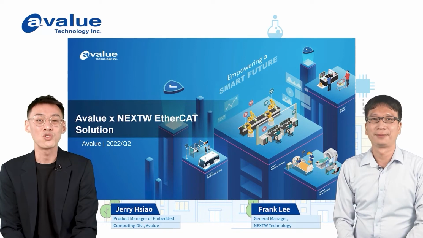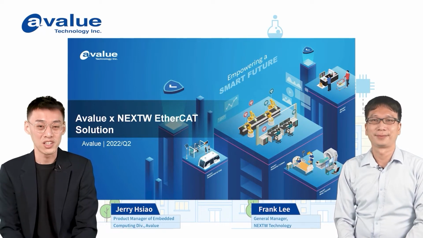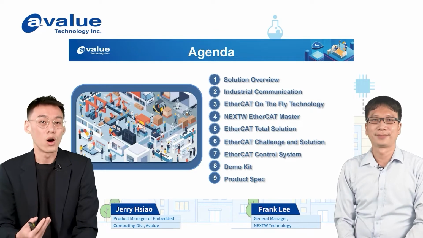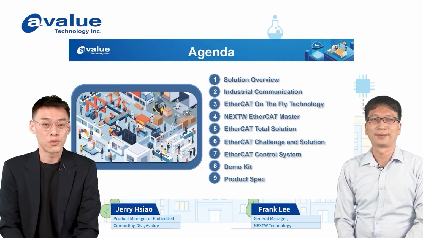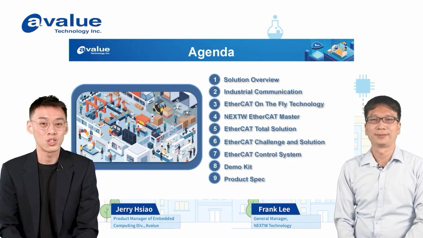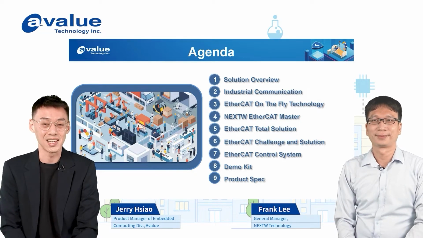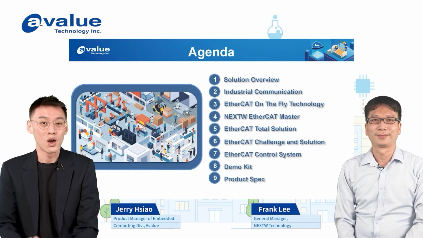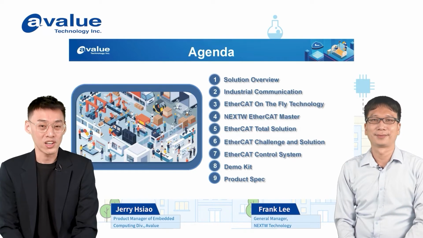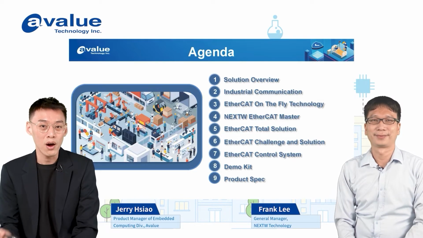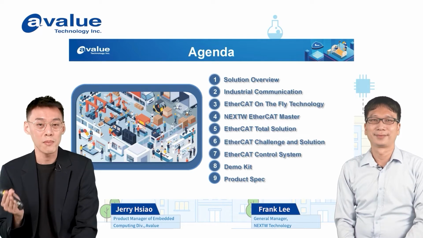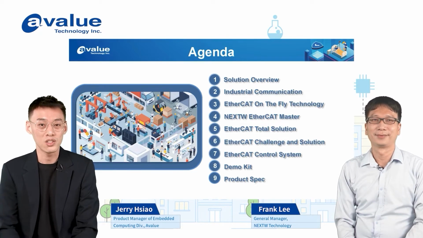Before we jump into today's topic, I'm going to go through the agenda of what we are going to deliver to our customers. Apart from Industrial 4.0, we are going to introduce what exactly the EtherCAT solution is, and what its position is in the market, helping our customers combine our products, not only the IPC itself, but also the EtherCAT master cards, together as a total solution.